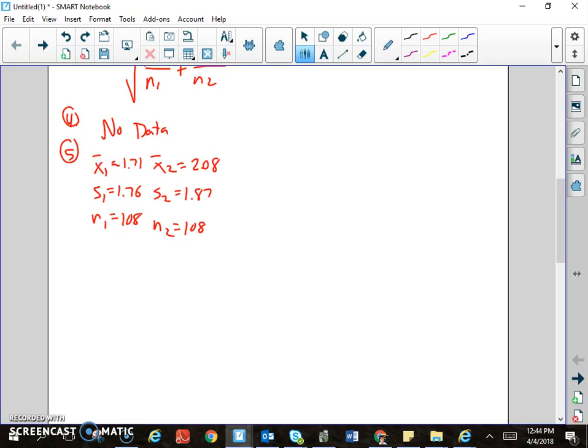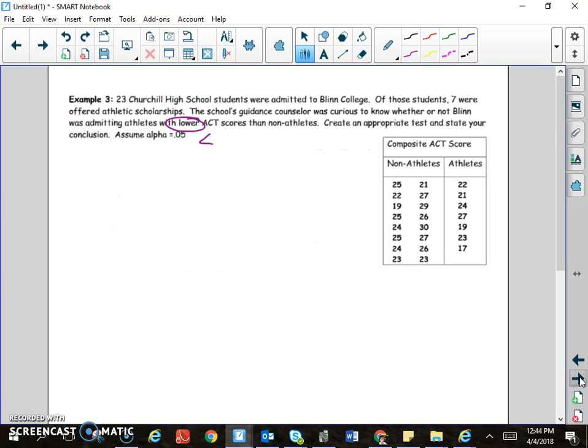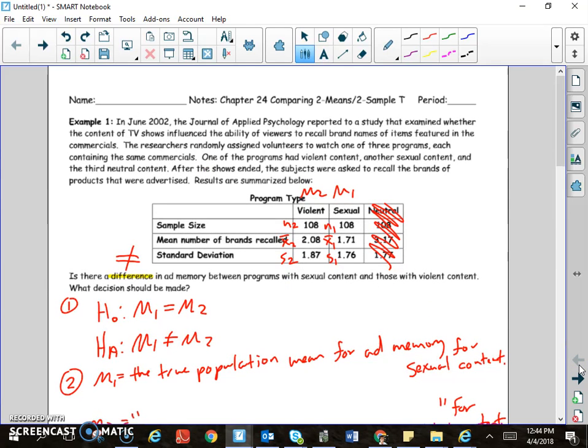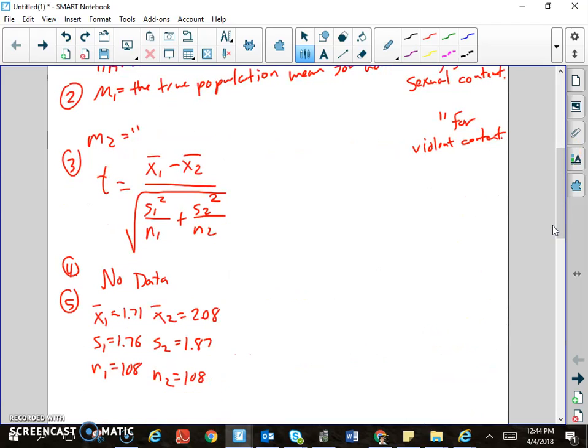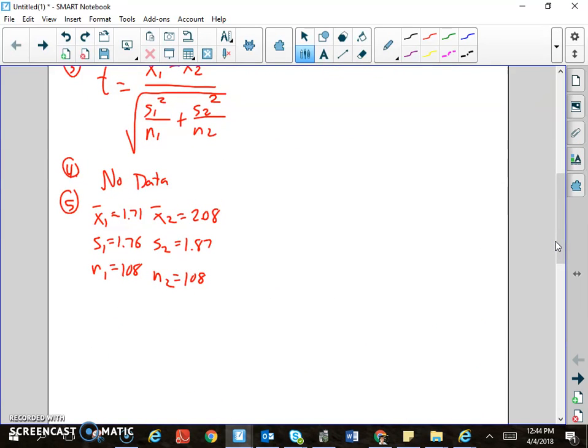But y'all realize one thing, okay? This is a nice example that we're doing because they're giving you these 6 things. If we fast forwarded to some of the other questions that y'all are going to be working on, for example, 3, this is giving you actual data that you're going to have to input. So you're going to have to put these numbers into list 1 and then do a 1 variable stats test, and figure out x1, s1, n1.